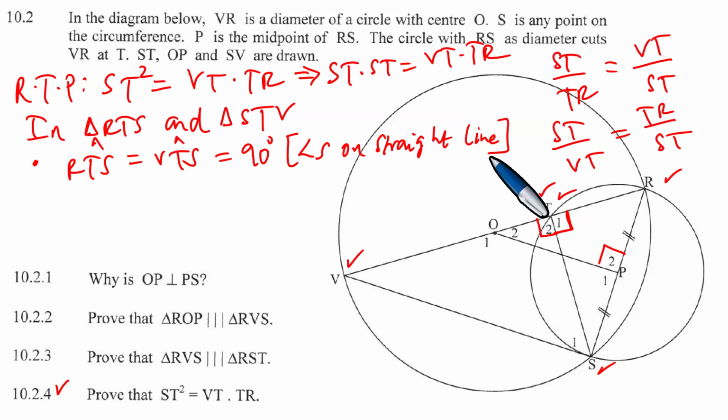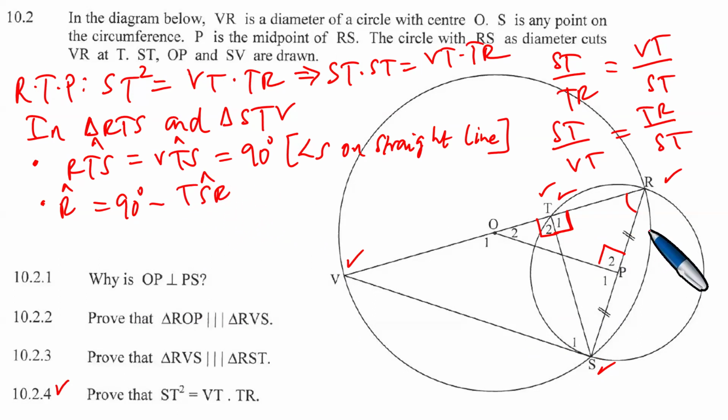So that in the end, we have moreover that the angle R, which is this one here, is equal to 90 degrees minus the angle TSR. The angle R equals 90 degrees minus TSR.